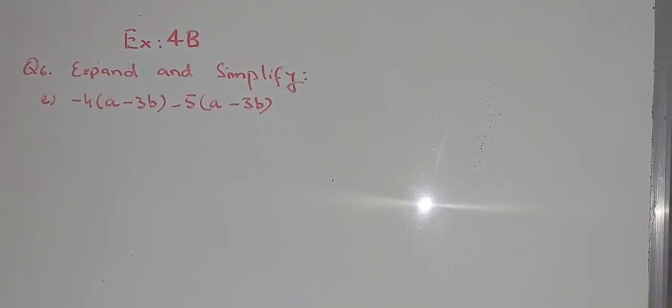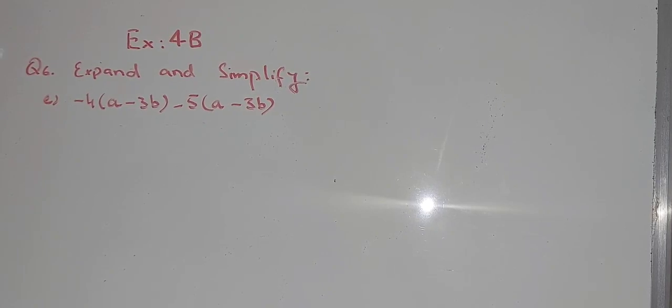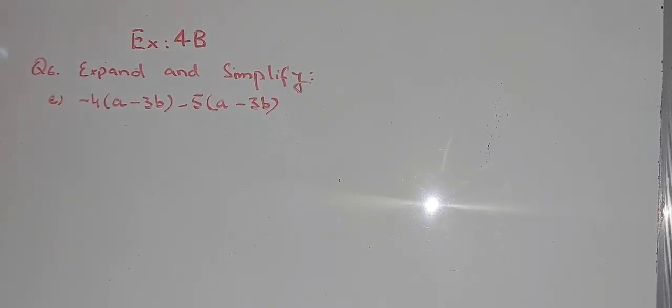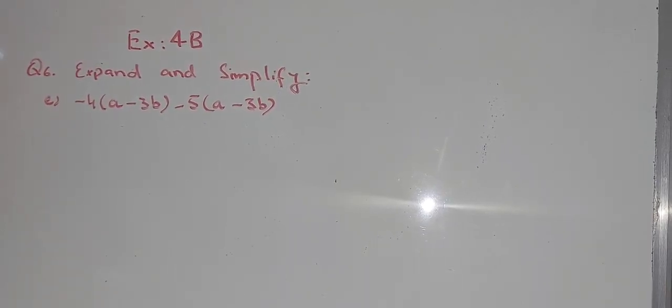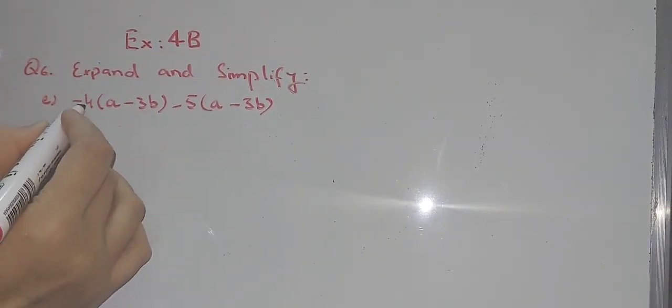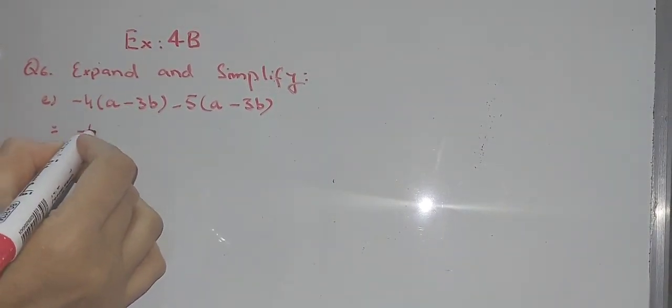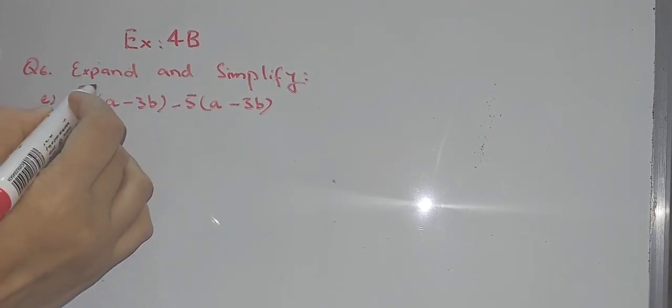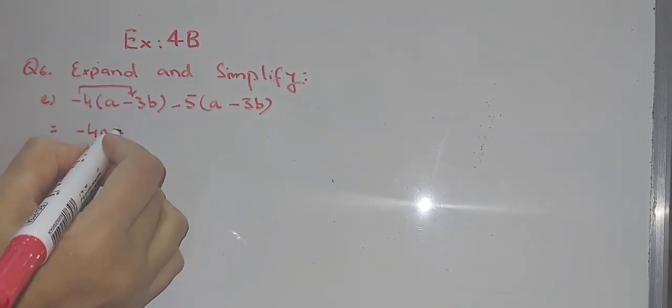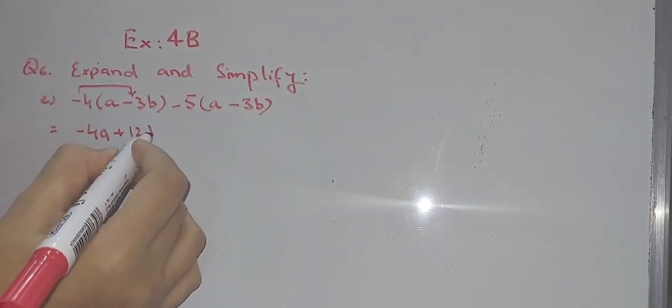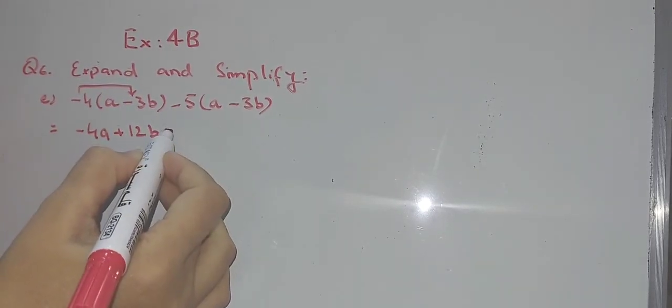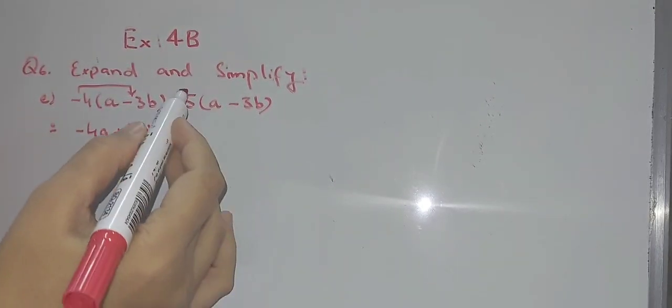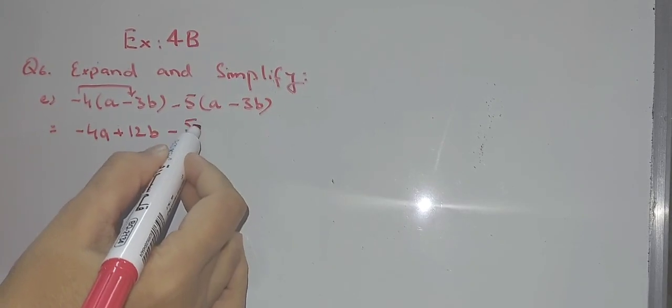Part E is minus 4 bracket a minus 3b bracket close minus 5 bracket a minus 3b bracket close. Now we have to open the bracket first. Minus 4 multiplied by a is minus 4a. Then minus 4 multiplied by minus 3b is plus 12b. Then minus 5 multiplied by a is minus 5a.